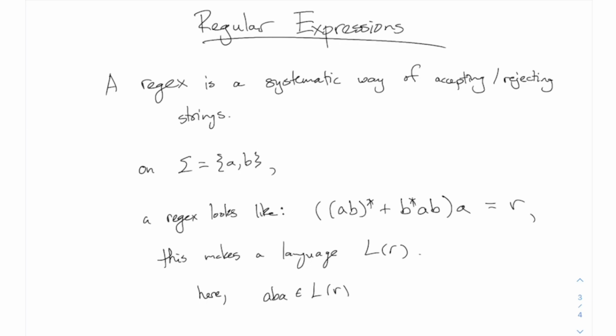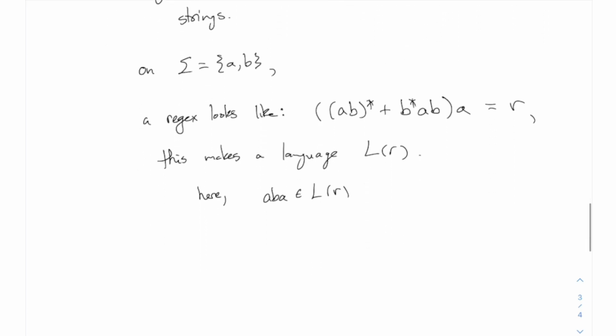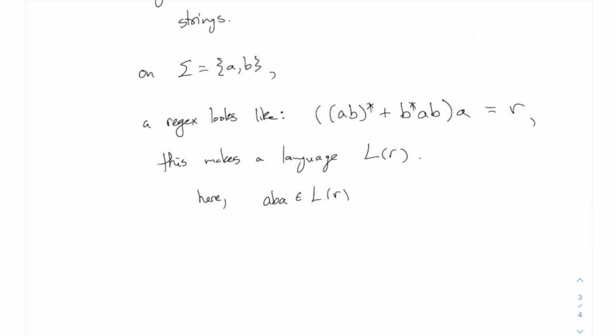Now when you talk about regular expressions, we don't typically use the word accepted, but ABA is in the language generated by this regular expression. And something like BB is not in this language. Eventually, we will learn to read that weird-looking thing there and tell what is accepted and what is not.